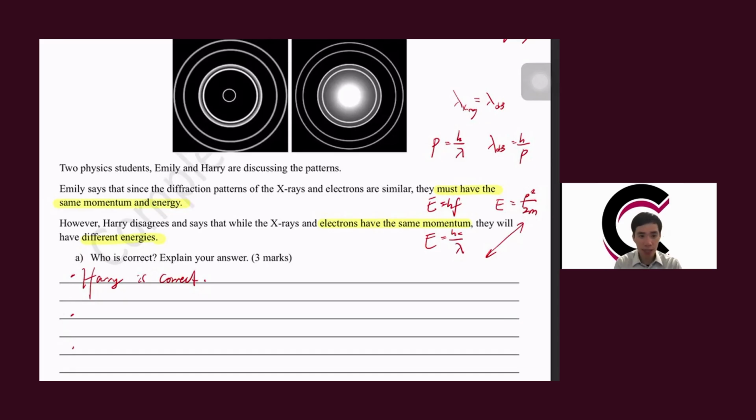So you can say the amount of diffraction depends on the wavelength and crystal spacing.